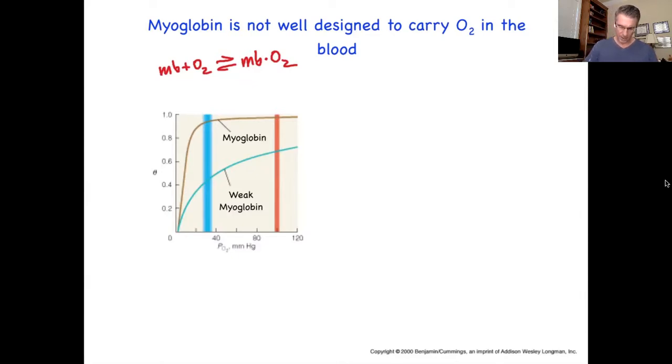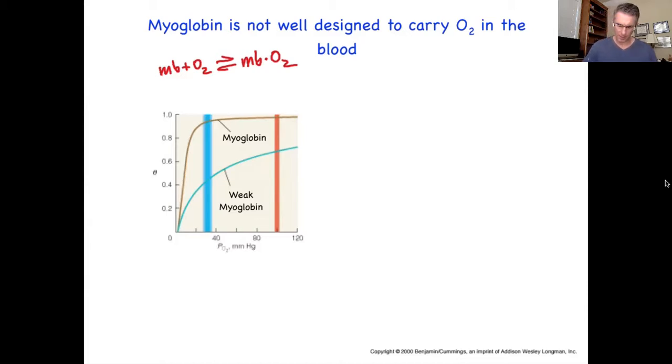So here is that myoglobin binding curve as a function of partial pressure of oxygen. Indicated here in this red stripe is the partial pressure of oxygen in arterial blood, in the lungs essentially. Here in this blue stripe is the partial pressure of oxygen in peripheral tissues, basically in venous blood. See the problem?